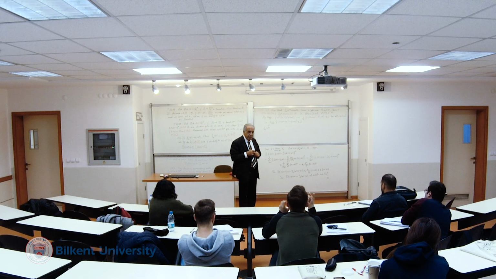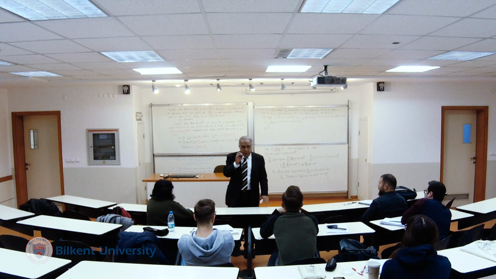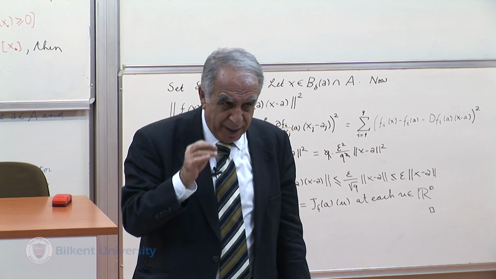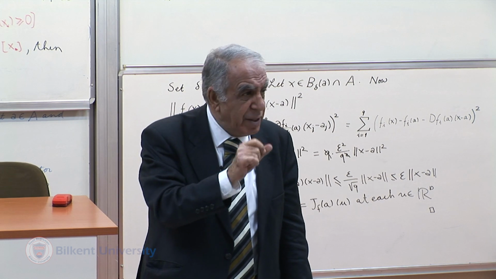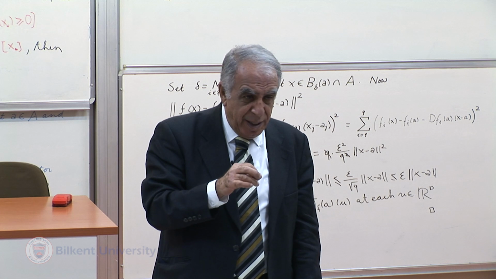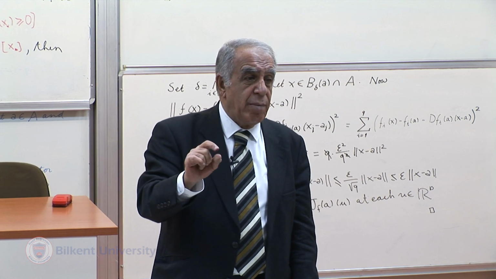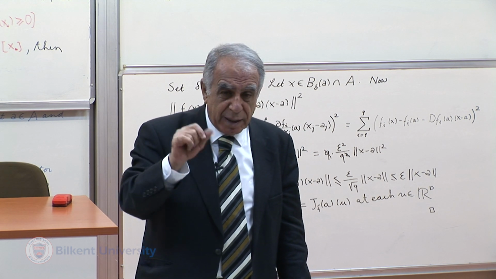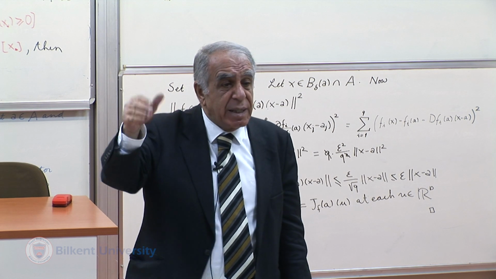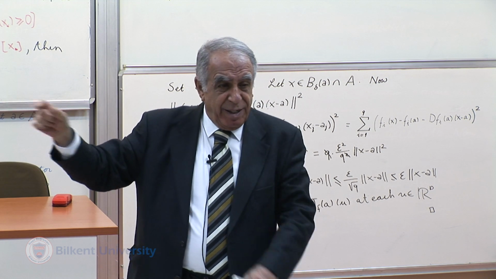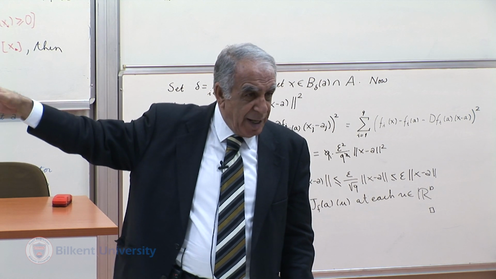Because we say u points only in the positive direction into A. No. We take all t in the punctured delta ball about 0 such that a plus tu is in cap A. The definition runs as follows: given epsilon, there should exist some delta positive such that for all t in the punctured delta ball about 0 such that a plus tu is in cap A, the norm of the difference should be less than epsilon.